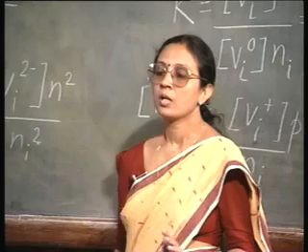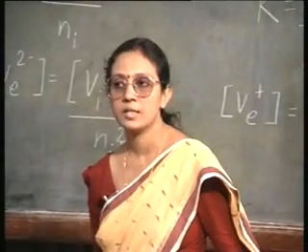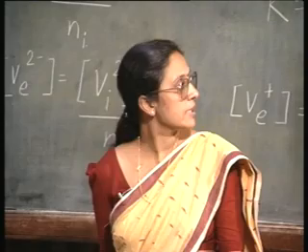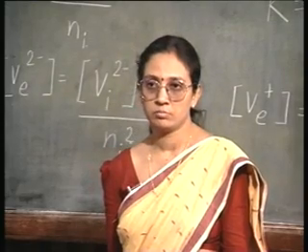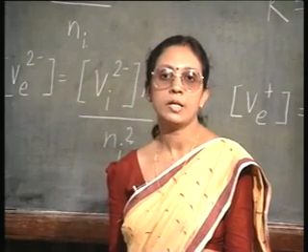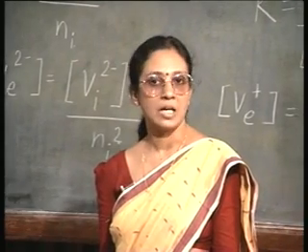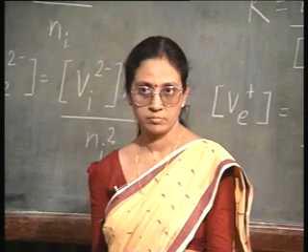So, the profile of boron and arsenic in silicon can be explained by taking into account the possibility of interaction of the impurity atoms with the charged vacancies.